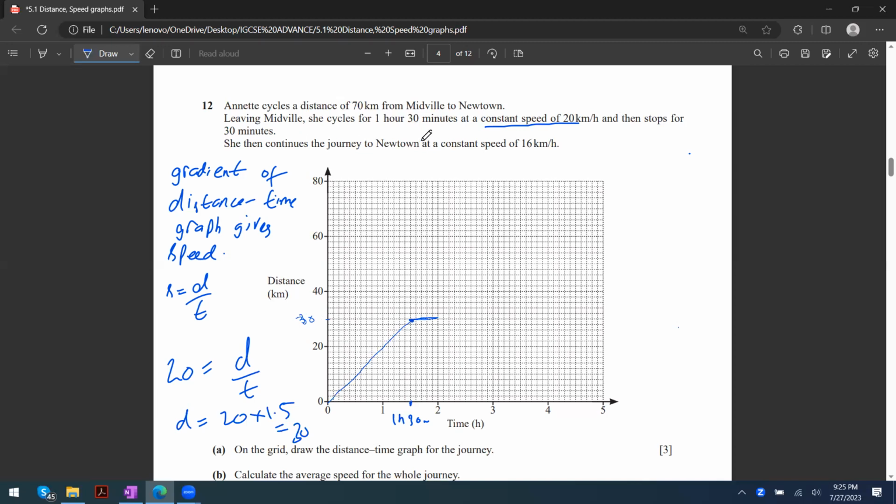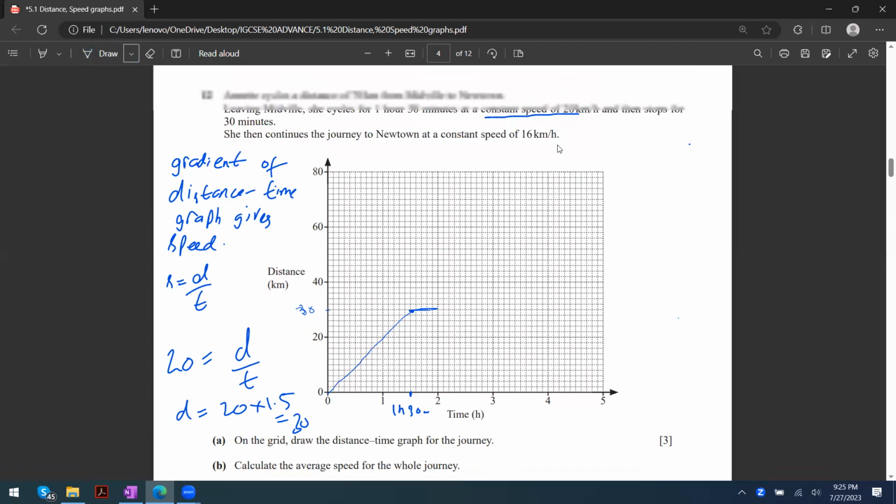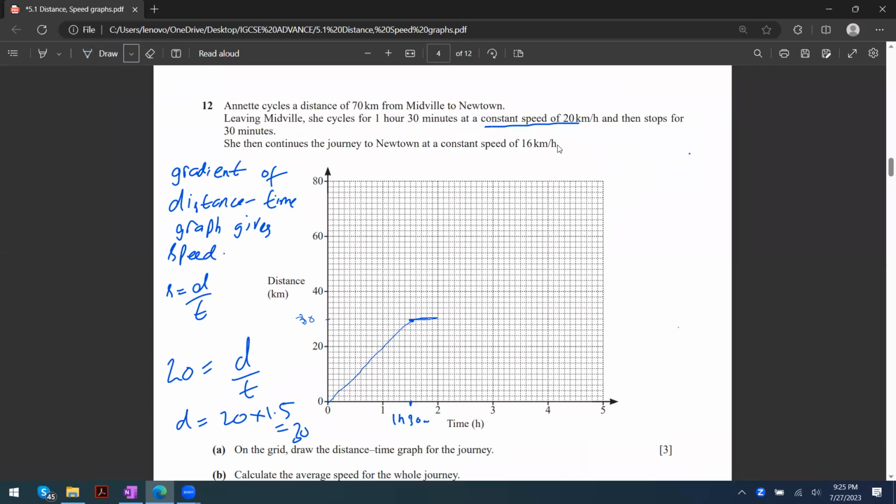She then continues the journey to Newton at a constant speed of 16 kilometers per hour. She has to reach 70. It's a bit long question. This is 70 kilometer. Where should we match it?